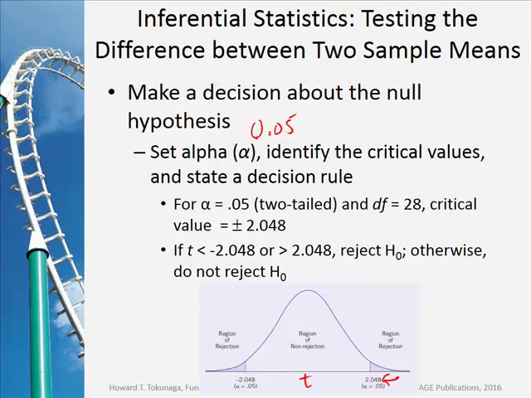So if we get a t-value that is greater than 2.048, we're in the region of rejection, which means it's really rare to observe this difference if no difference truly existed in the population. In fact, we would say that there's a less than 5% chance you would get this difference in our sample when there's no difference in the population.